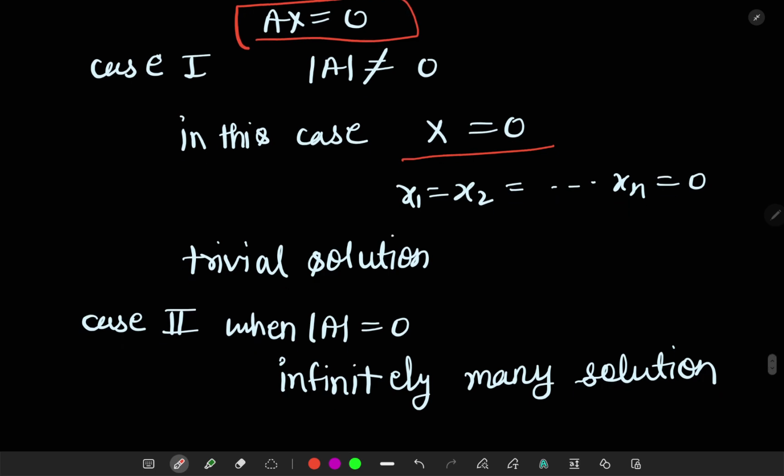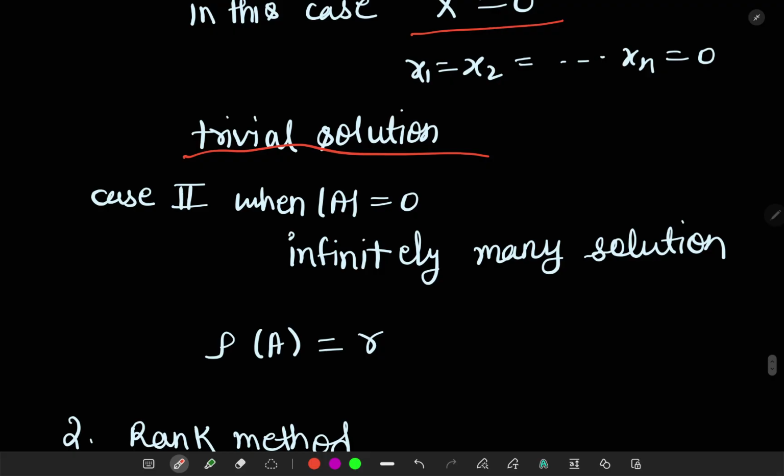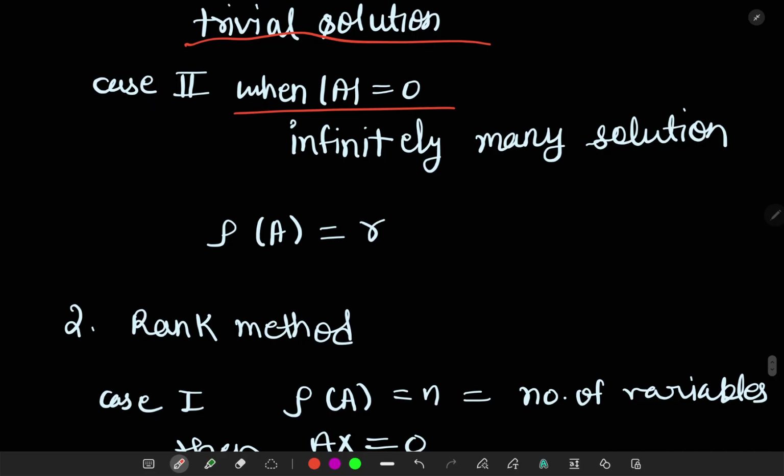If this condition occurs, then this is called the trivial solution. Case 2: when determinant A is equal to 0, then there are infinitely many solutions. In this case, the rank of the matrix is equal to r.